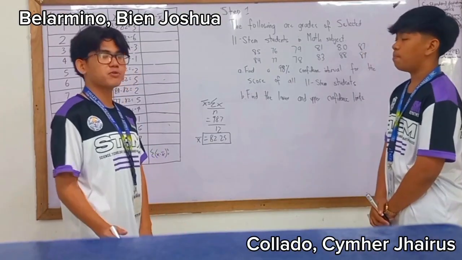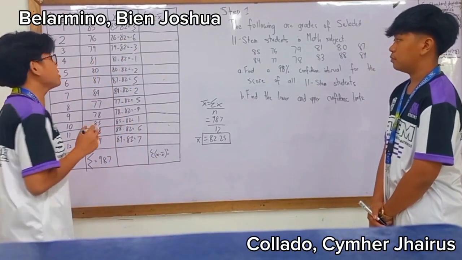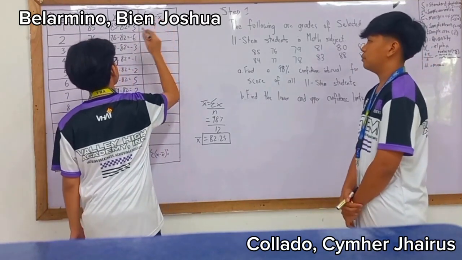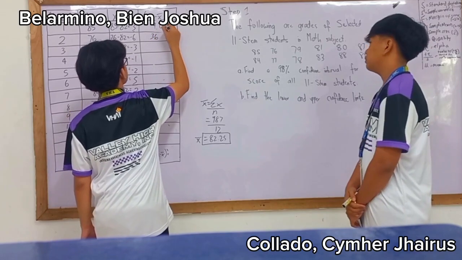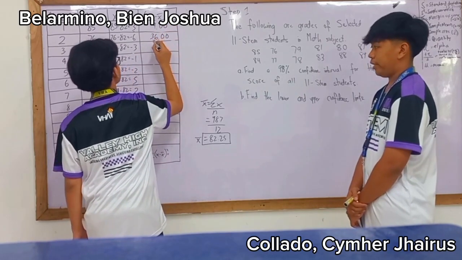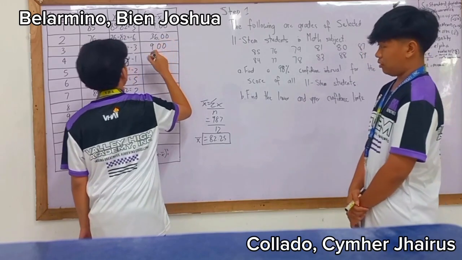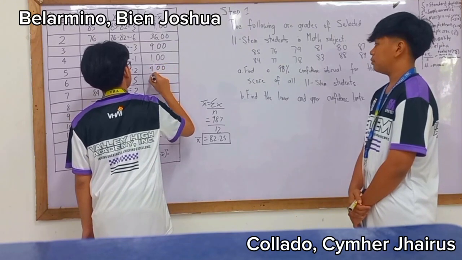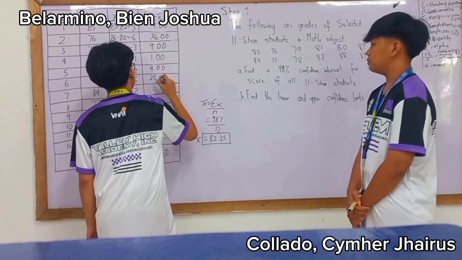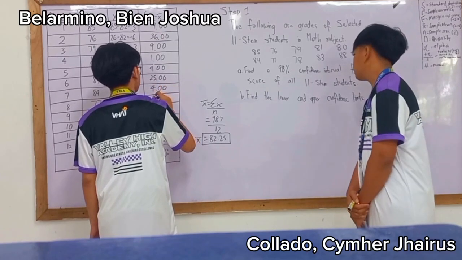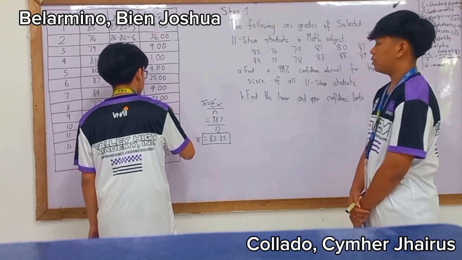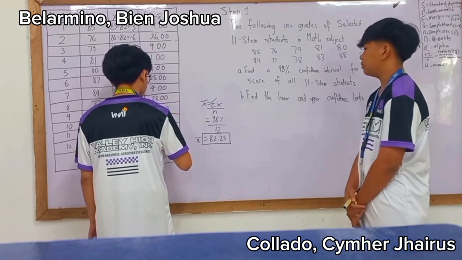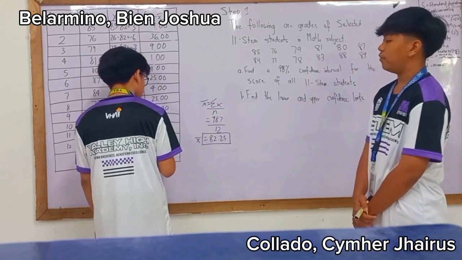So next, let's proceed to the fourth column, which is the quantity of x minus sample mean raised to 2. 3 squared, 9. 6 squared, 36. 3 squared, 9. 1 squared, 1. 2 squared, 4. 5 squared, 25. 2 squared, 5 squared, 1 squared, 1 squared, 6 squared, 7 squared, 49.